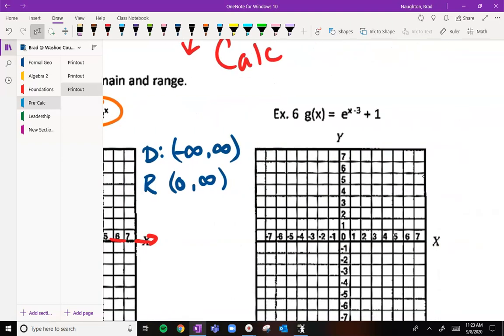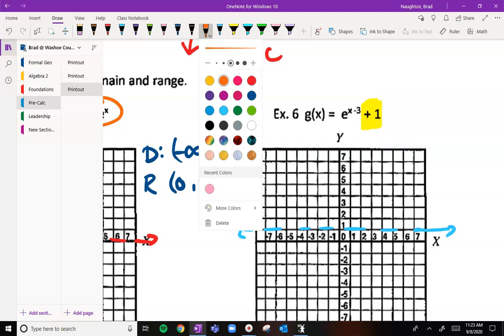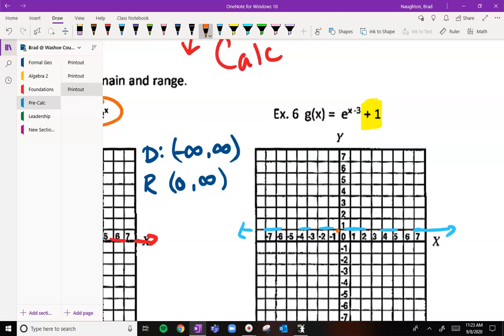Alrighty. So just like any other function, we can move it. So this is still our asymptote at 1. Our critical point is right there, but because of our asymptote, we'll move it over 1. We have a +3, so we're going to go opposite to that. So right 3: 1, 2, 3. So this is our actual critical point now. I'll put that in green so we can see it.